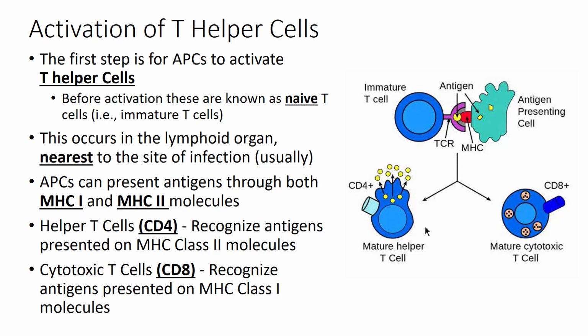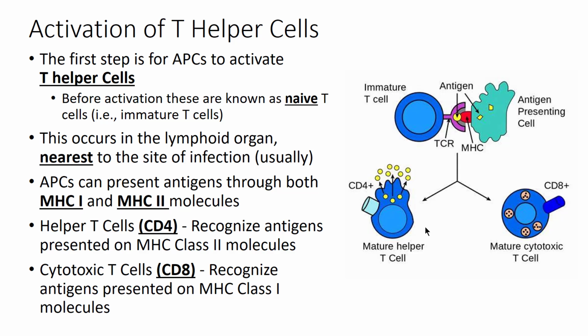Ultimately, the reason why that matters is that helper T cells will go on to activate B cells, which release antibodies, which tend to circulate and do their damage outside of cells. Cytotoxic T cells will bind antigens presented from the inside of cells, and their job is to remove things like virally infected cells or cancer cells. And that is a manifestation of a problem happening inside of the cell.